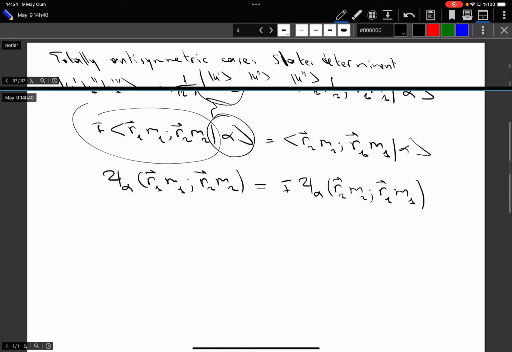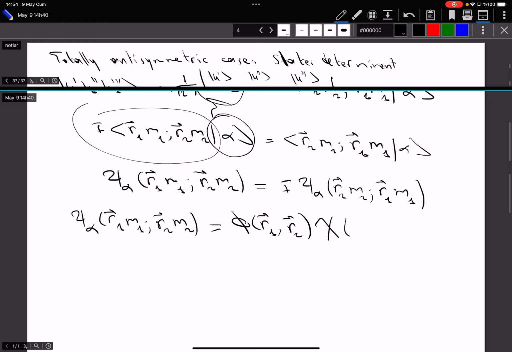And typically, these psi alphas we can write them as the superposition, if necessary, of wave functions of the form functions of position only multiplied by the spin. And it might happen that the psi alpha is just a superposition of not just one, but a couple of such wave functions written in this product form.